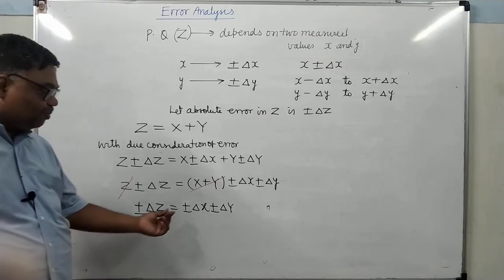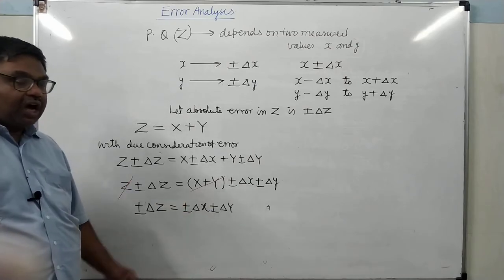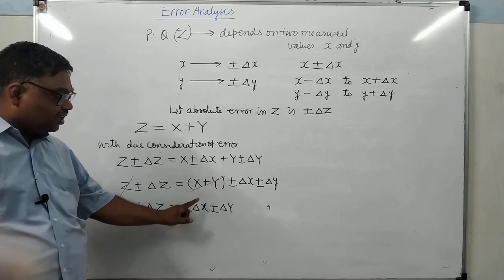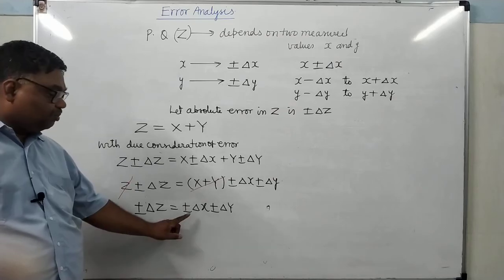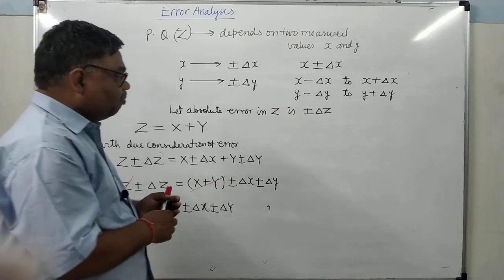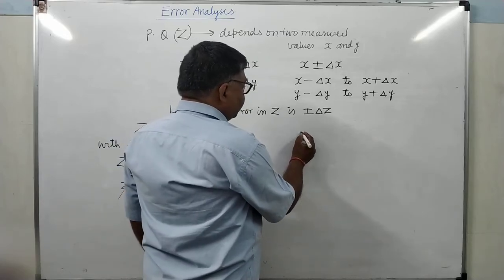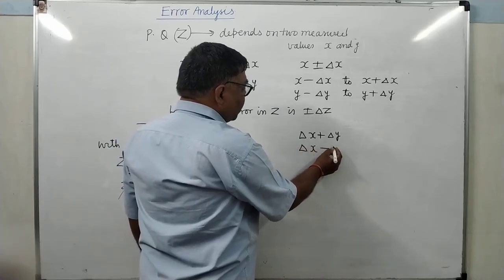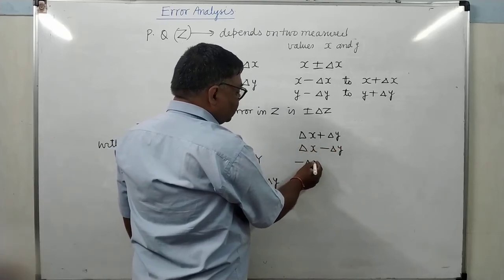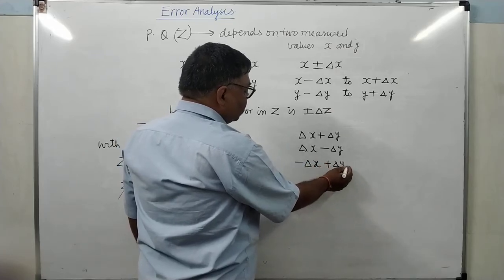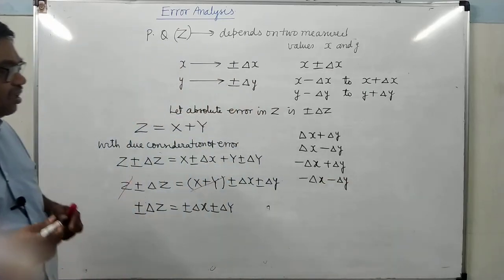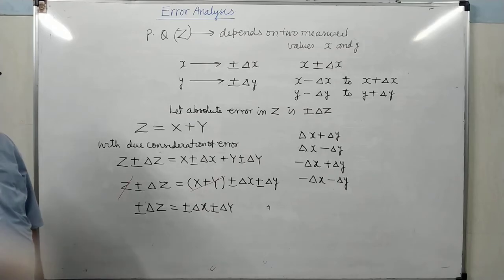Here the amount of error may be delta x plus delta y, or delta x minus delta y, or minus delta x plus delta y, or minus delta x minus delta y. It means the absolute error may be delta x plus delta y, delta x minus delta y, minus delta x plus delta y, or minus delta x minus delta y. It's clear?